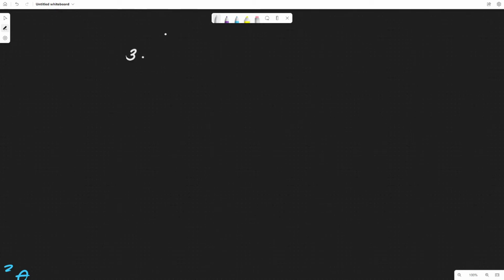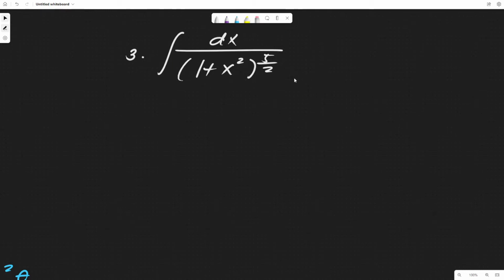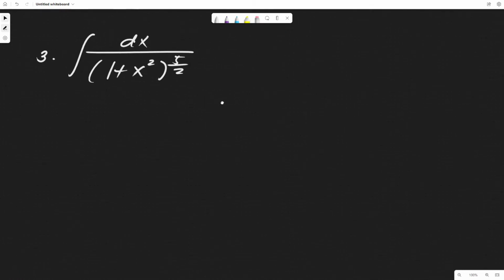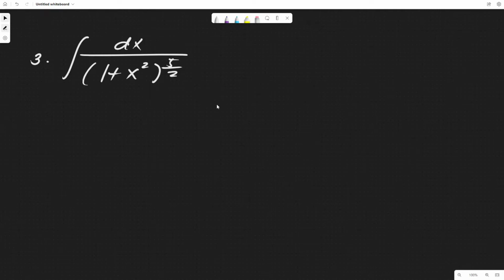Ayan. So, we have here the integral of dx over 1 plus x squared raised to 5 over 2. Okay? So, gagamit ulit tayo ng trigonometric substitution. So, anong gagamitin natin? We have 1 plus x squared. This is a squared, this is u squared.